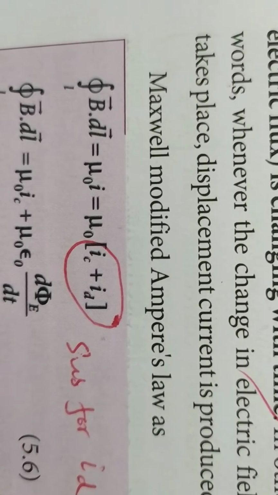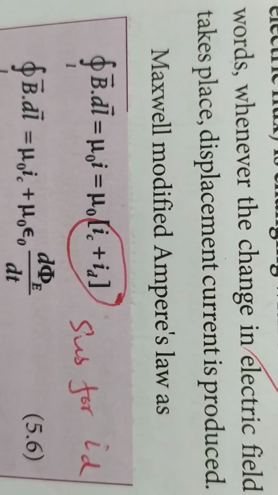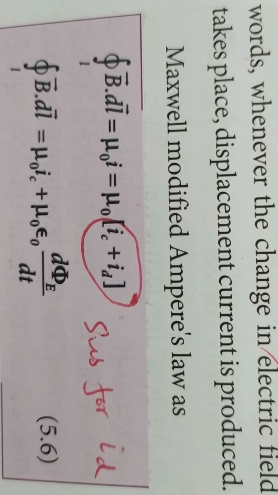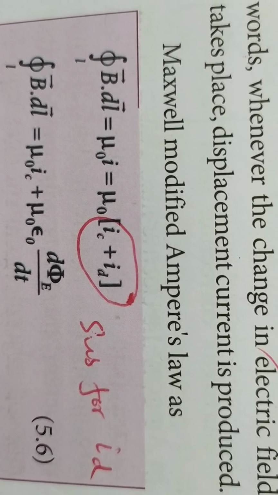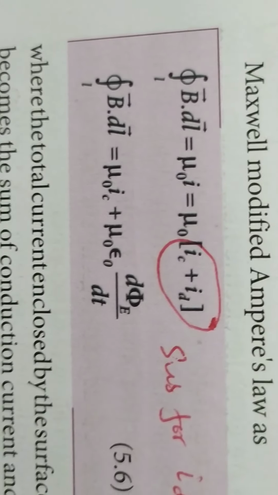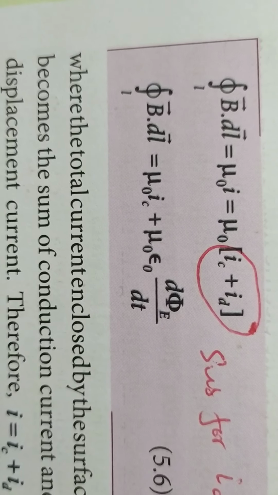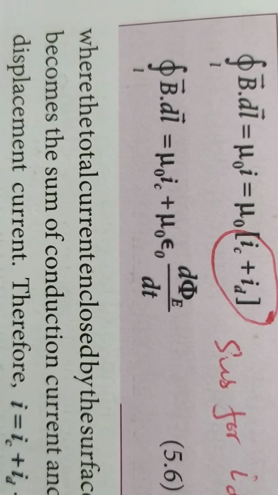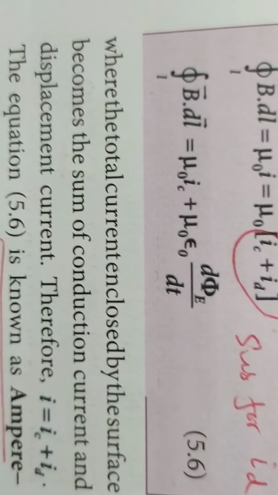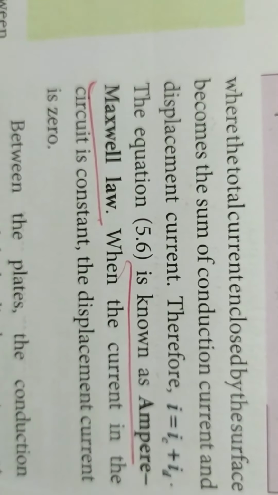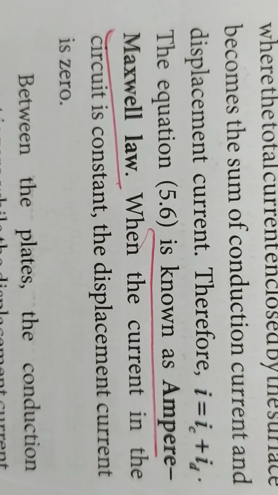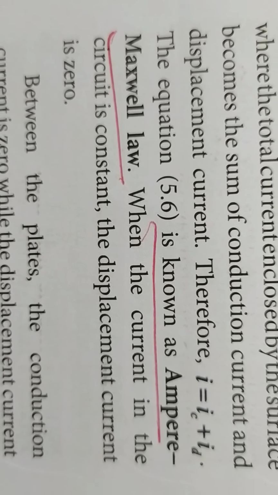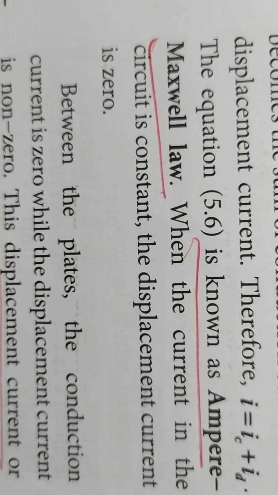And in the equation, instead of I, you substitute IC plus ID, that is, a summation of both conduction current and displacement current. And when you remove the bracket, you will get mu naught IC plus mu naught epsilon naught d phi E by dt, substituting for ID. So this is the correction made by Maxwell, and so together this equation is called Ampere-Maxwell law.